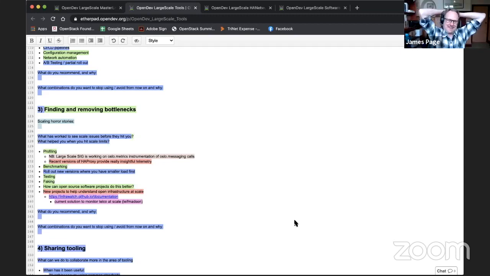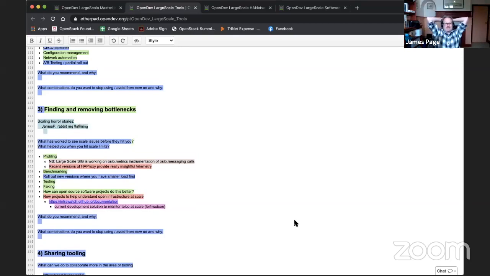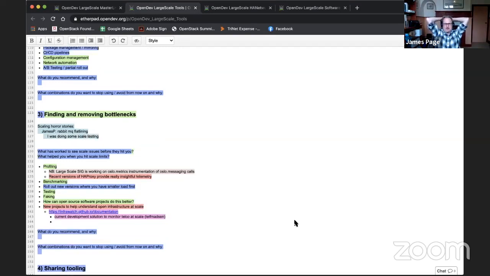Fortunately, this was not in a production-facing cloud, but in some scale testing that I did a few years back with OpenStack. RabbitMQ basically has a high water threshold for its memory consumption.